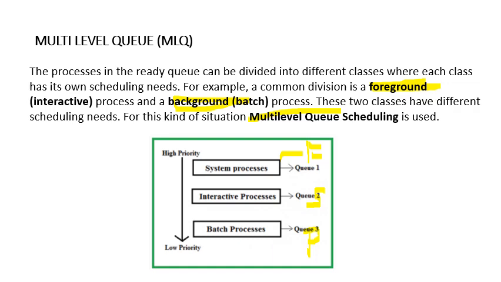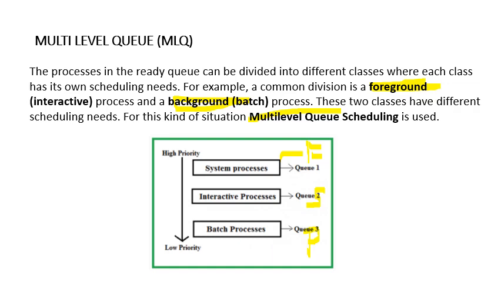In multi-level queues, different queues can use different algorithms, but all the queues will not be executed at the same time. The highest priority queue is executed first, so the system processes execute first, then interactive, then batch processes.